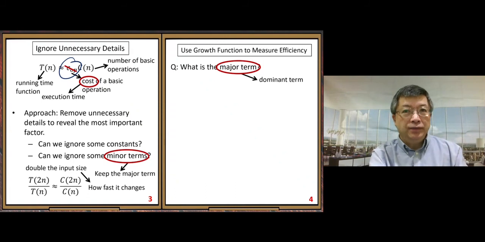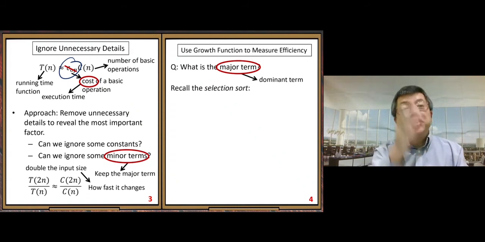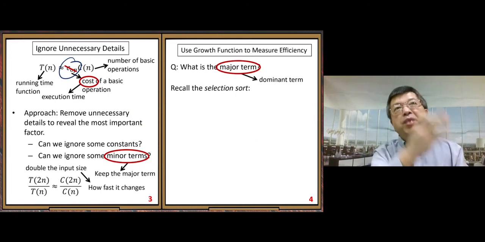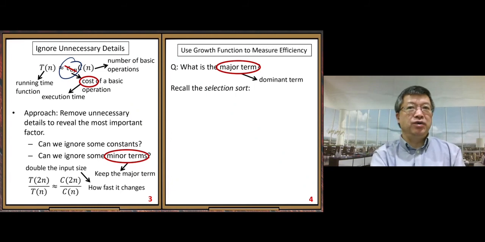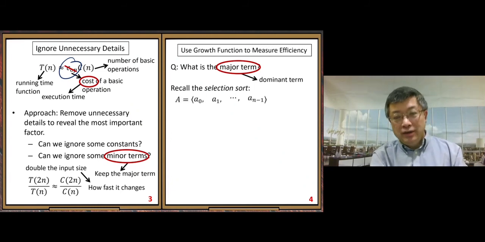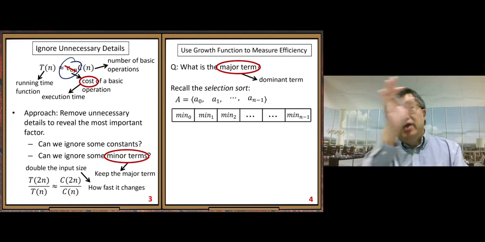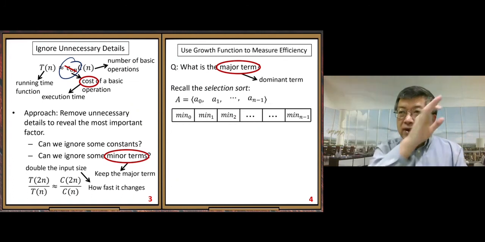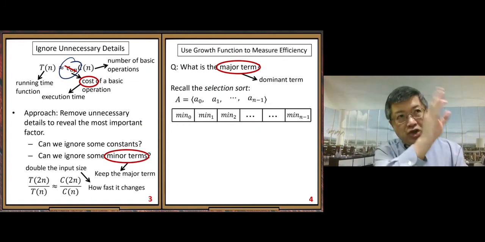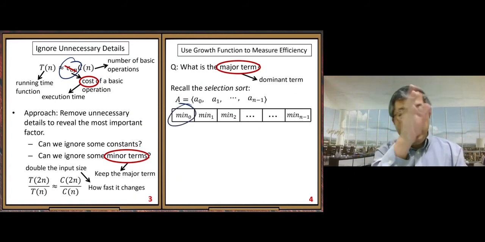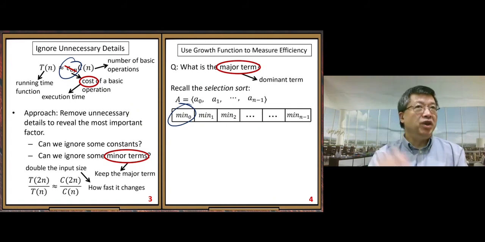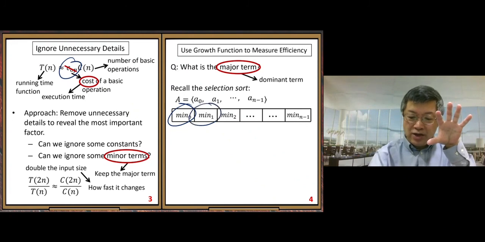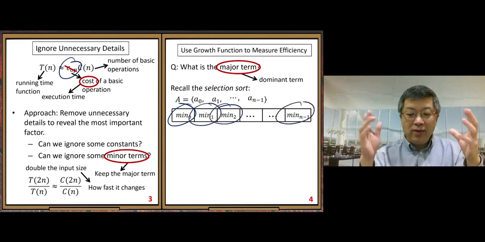All right. This time, let's take a look at the selection sort, which we just learned at the beginning of this part. In that one, we went through the array many, many times. Each time, we get the minimum of a reduced subarray, reducing the subarray size by 1 each time.